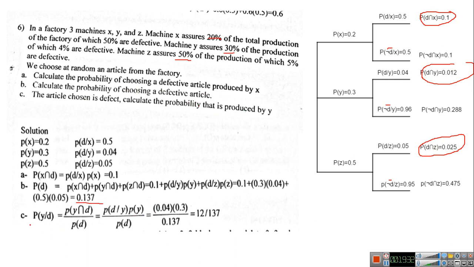If you can read it, I want P of Y knowing D. I have P of D knowing Y. So directly it's a repetition of problems. So I do P of D intersecting Y over P of D. D intersecting Y, you have it here, over P of D. Already we calculated it and you get the answer.